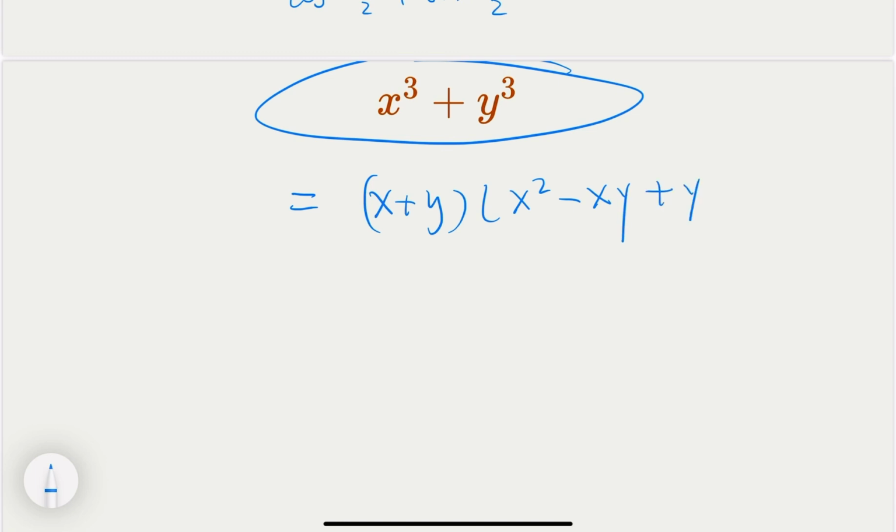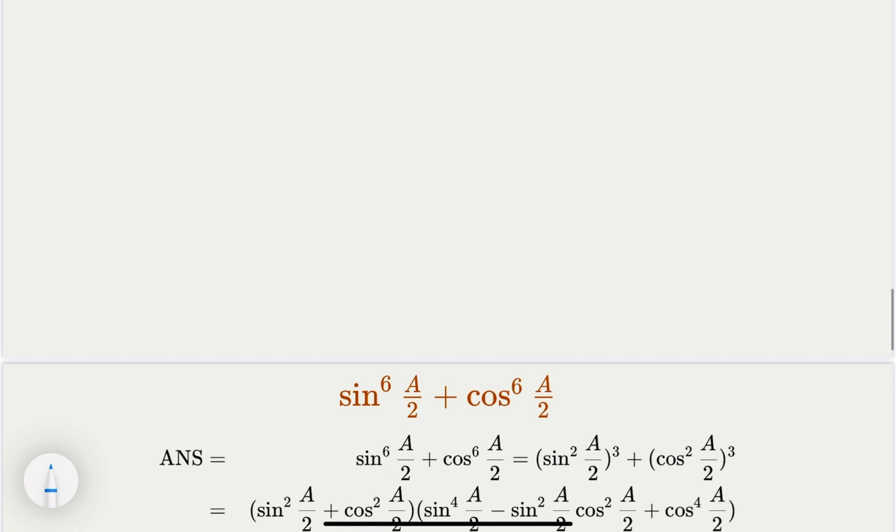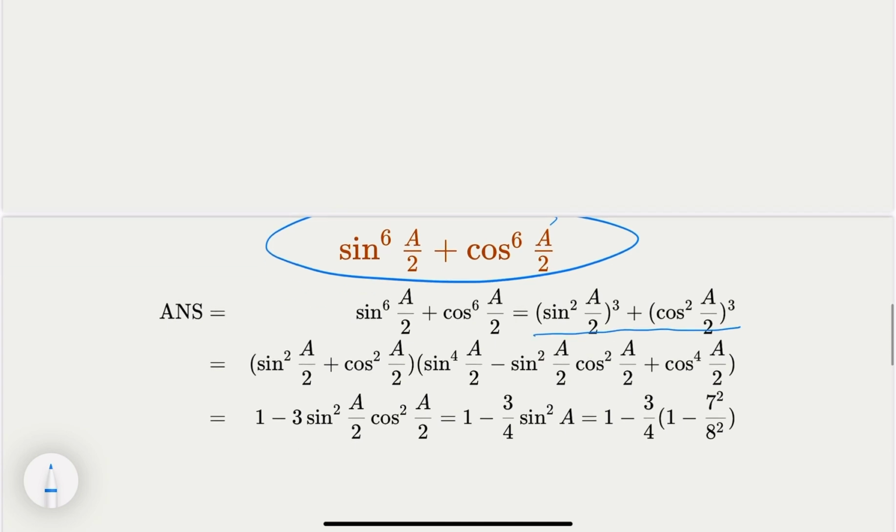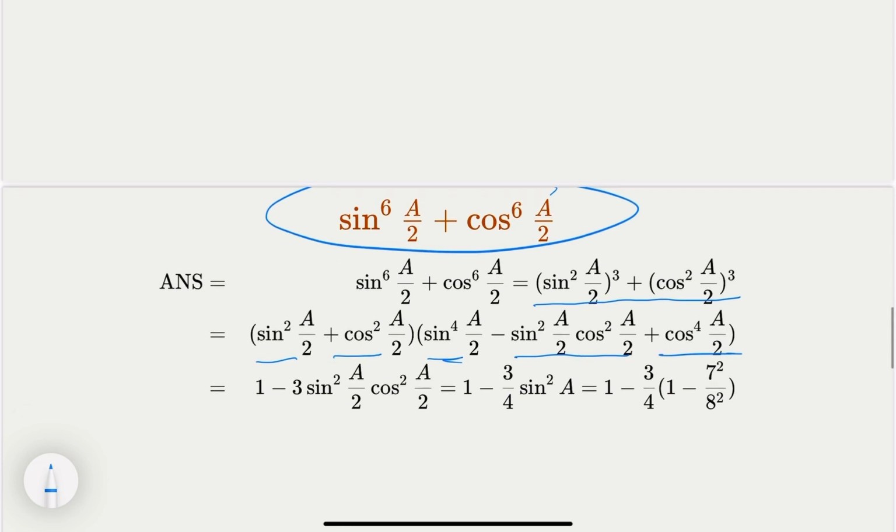All right, so let's do that. This is what we need to find. We treat it as a 3rd power and we use the factor x plus y times x squared minus xy plus y squared. And now you're going to use the fact that sine squared plus cosine squared equals 1, so this factor goes away.